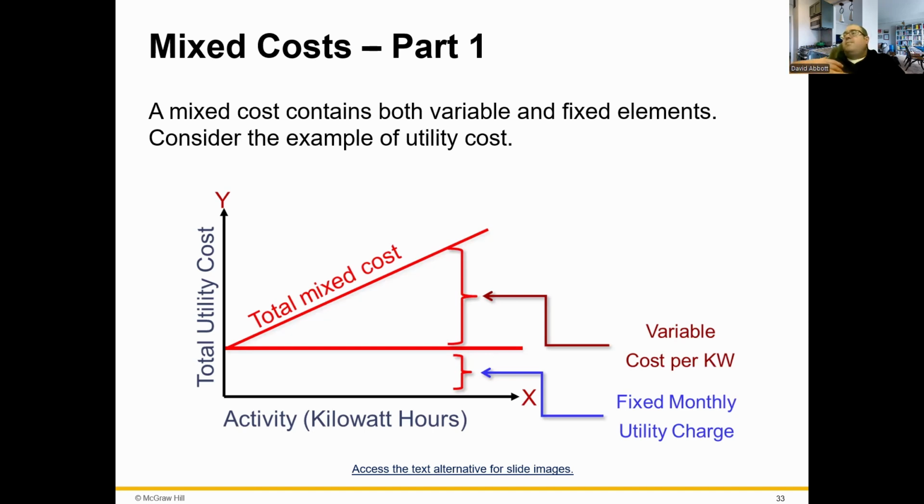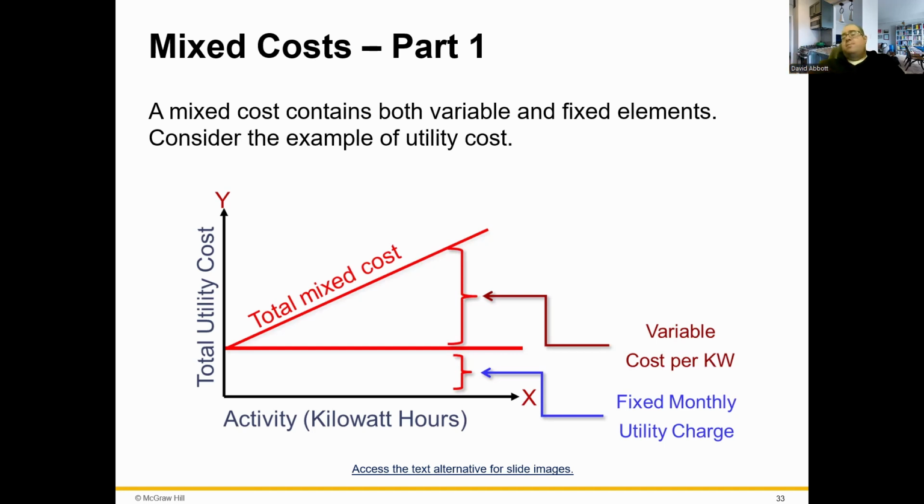If something happens and I get a bunch of clothes and I need to do more laundry that month, then I'm using more water. Okay, so those are all things. And that's the variable charge for however many cubic feet of water I'm using.